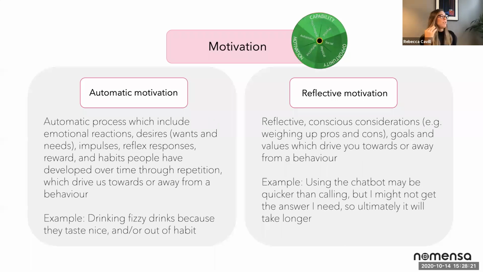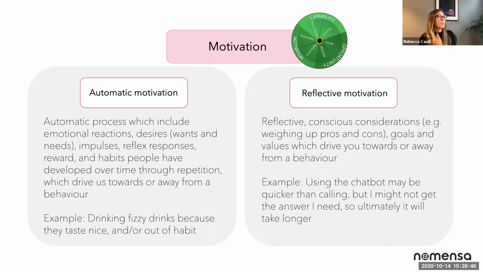So motivation, again, is split into two subcomponents. We've got automatic motivation, which are automatic processes, reflex responses, habits that develop over time, much more automatic drivers. For example, drinking fizzy drinks because they taste nice or out of habit.